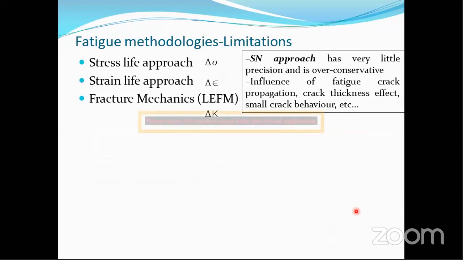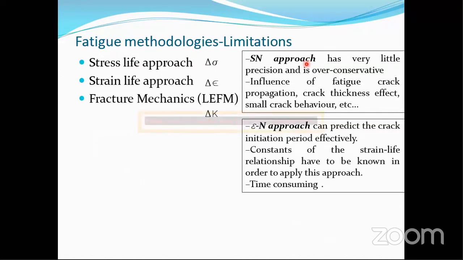To sum up, the SN approach has very little precision and is over conservative. The influence of fatigue crack propagation, crack thickness effect, and small crack behavior are all not considered in this approach. We simply say it is a total life. We do not demarcate between crack initiation time or crack propagation time.